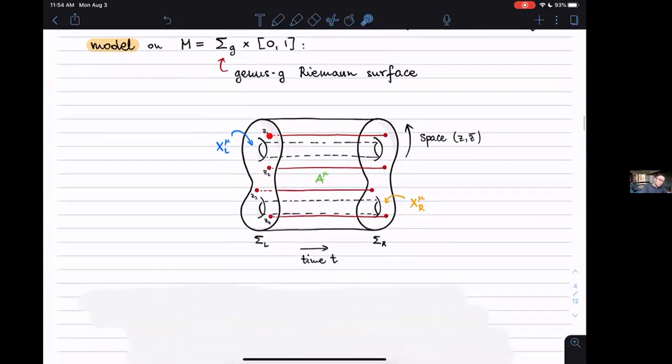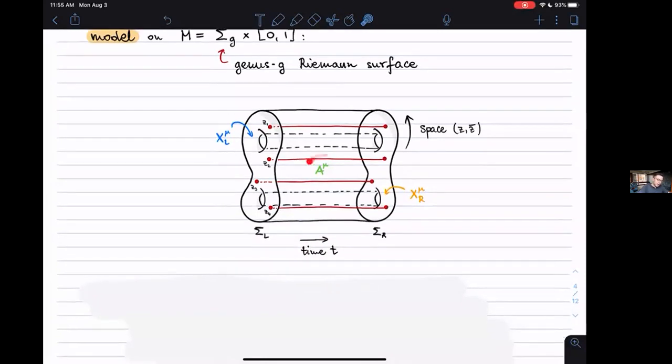There will be vertex operators, or punctures, on each boundary, which are connected by Wilson lines. For simplicity, with no physical interpretation, let me call this direction time, parameterized by t, and the other directions within the Riemann surface space, with coordinates z and z bar.